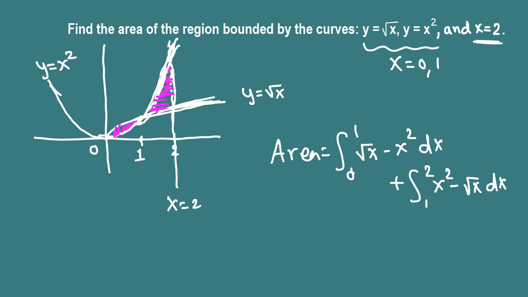Now we need to find two different definite integrals. In fact, we found this in the previous question, or we can find it here as well. This is x raised to 1/2.